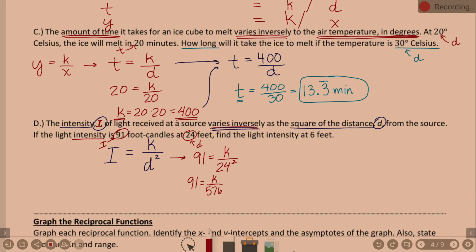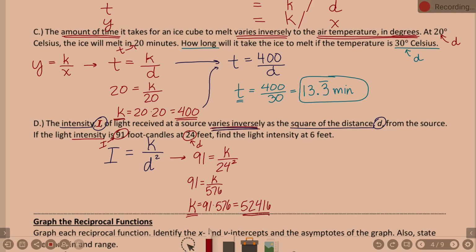Okay, how do you find K? If it's K divided by 576, multiply. So 91 times 576 is 52,416. That's K.